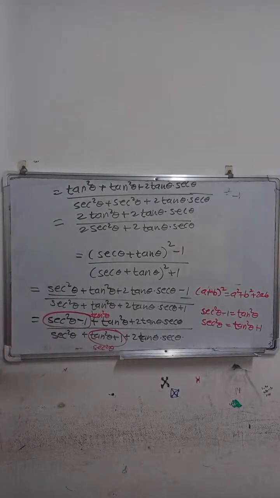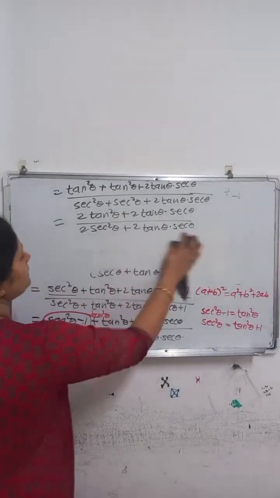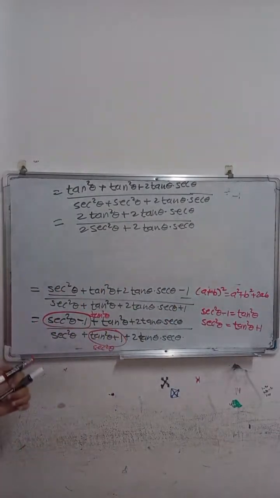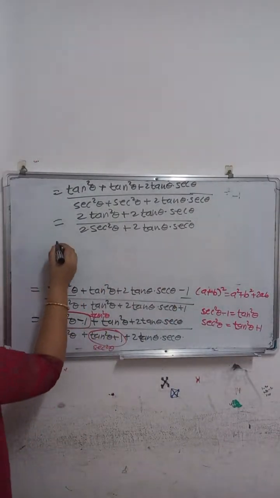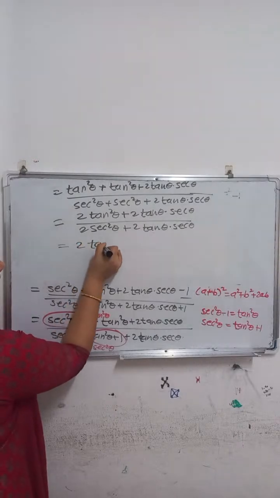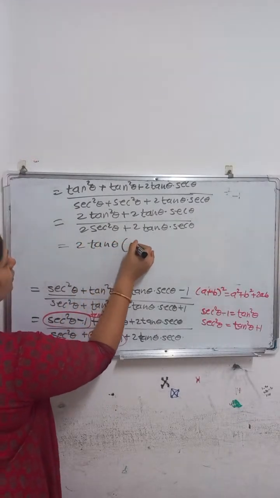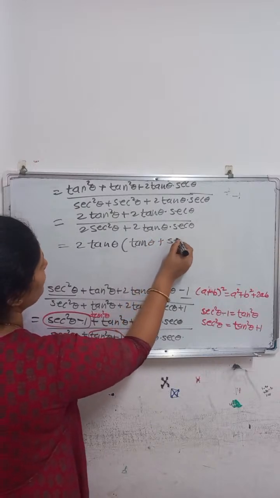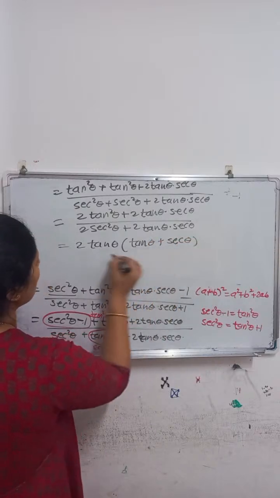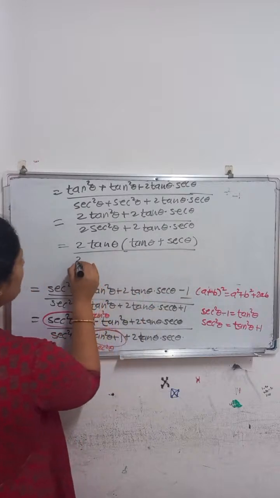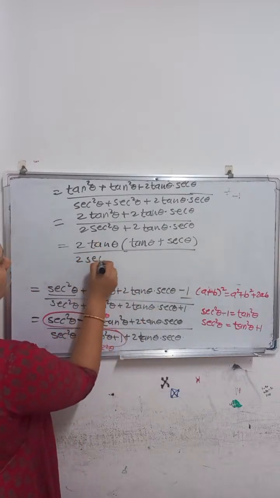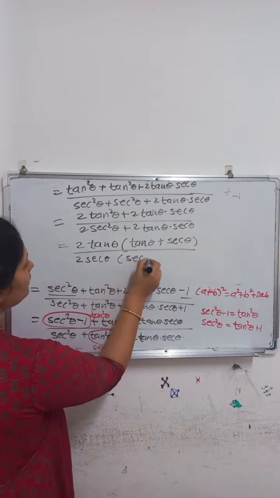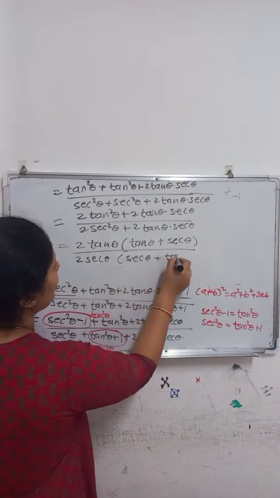Getting? So this also I will erase on the board. Then what I will do, I will take 2 tan common here, and here tan theta plus what will remain? Sec theta, upon, if I take 2 sec theta common, then here you will get sec theta plus tan theta.